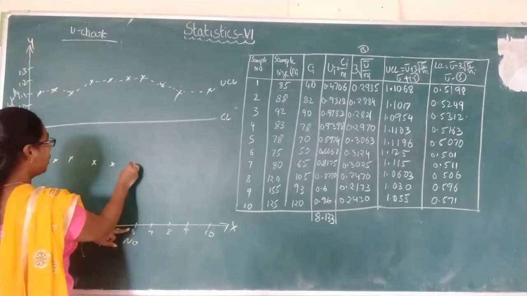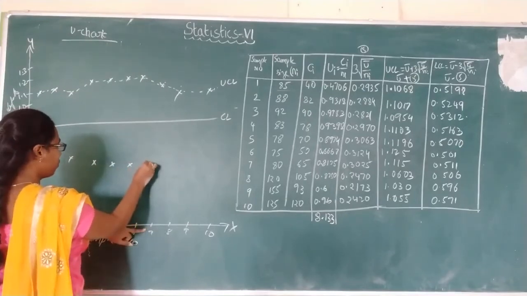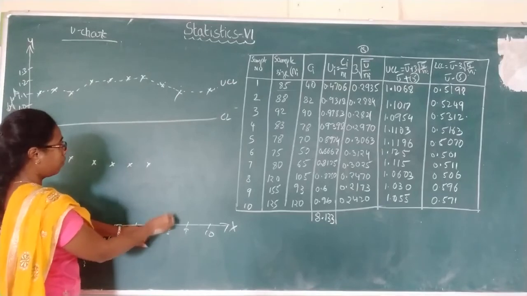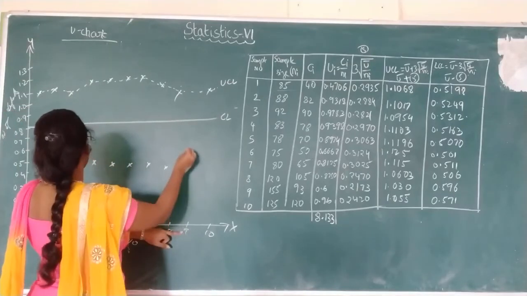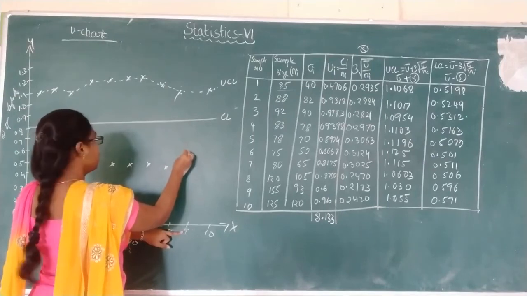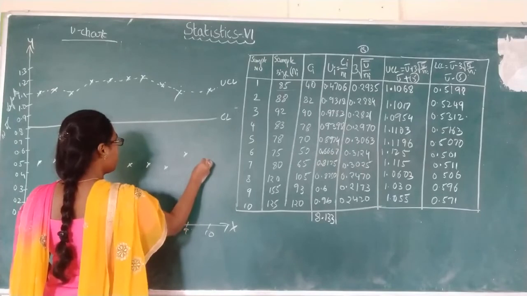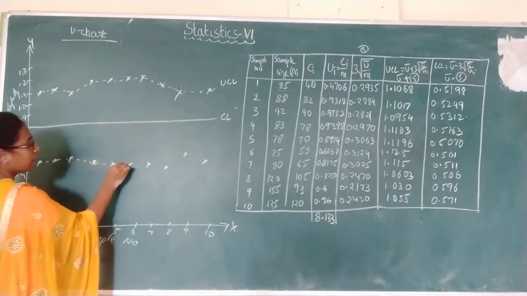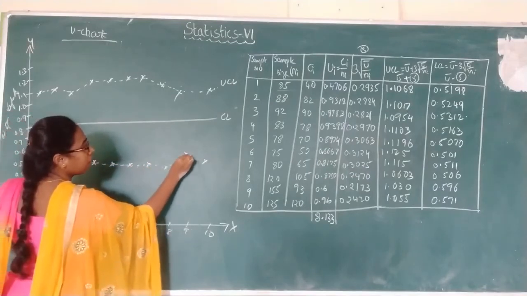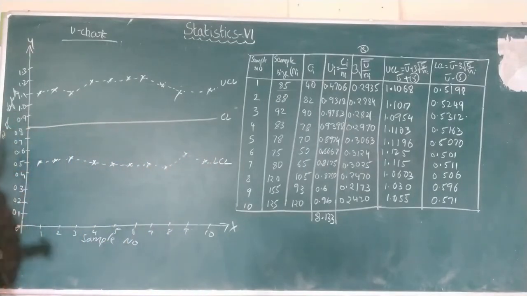Next 0.50 again. Next 0.51. 0.50 again. 0.59, that is near to 6. Last one is 0.57. Join these lines. This is the required LCL value we got for our given problem.